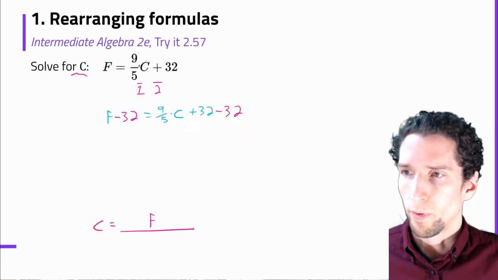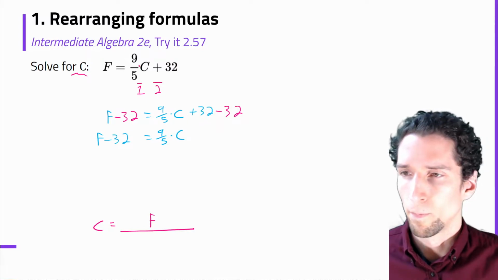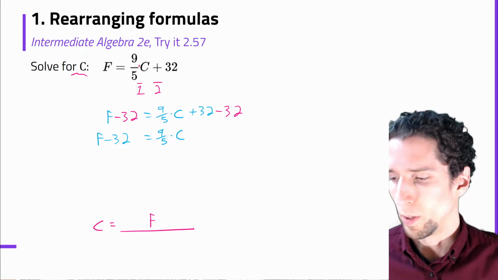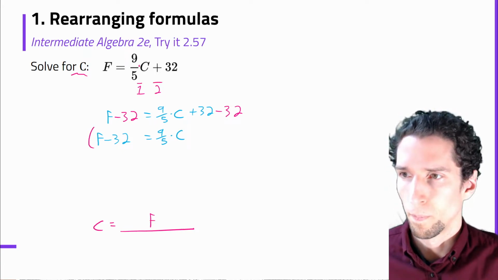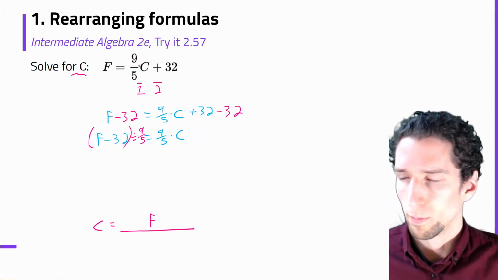And of course that simplifies to F minus 32 equals 9/5 times C. So now the 9/5 times C, we want to get rid of that, so we are going to divide both sides by 9/5. It's a little floppy there. Apologies for that.